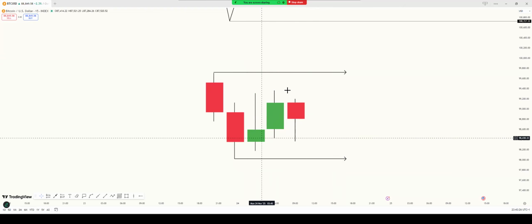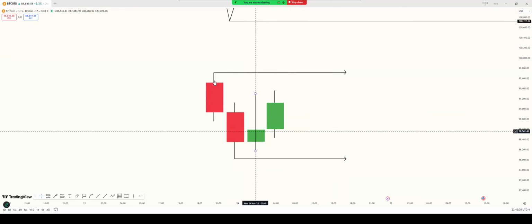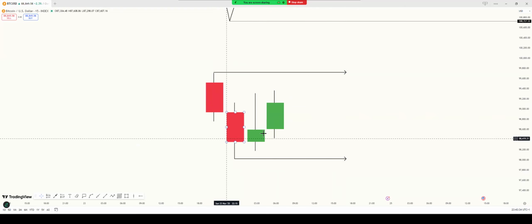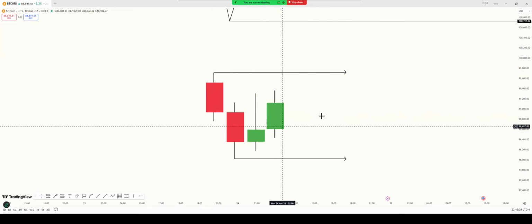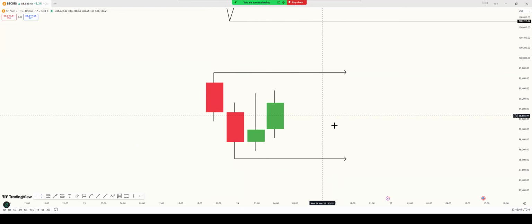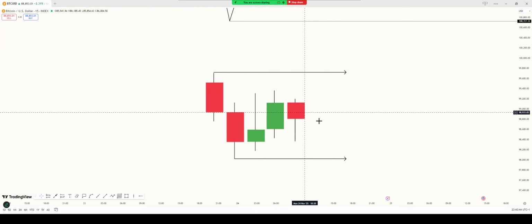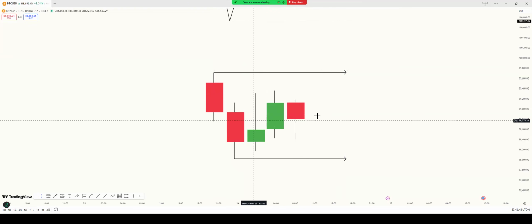So we want to see 2 candles like this, since it took 2 candles to form the range high and range low. We want to see 2 candlesticks inside of it or more than 2, right? We could see 3, we could see 4, 5, 10. It doesn't really matter as long as it is 2 or more in this case.